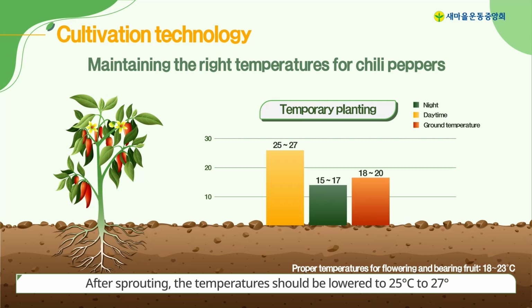After sprouting, the temperature should be lowered to 25 degrees Celsius to 27 degrees Celsius during the day, while nighttime temperatures should be maintained at 15 degrees Celsius and above, and the soil temperature at least 18 degrees Celsius.